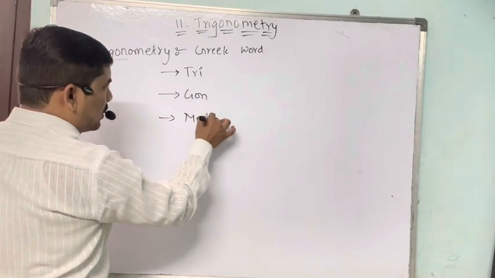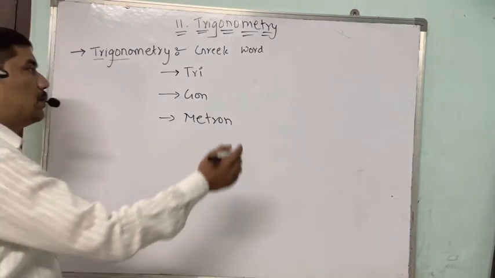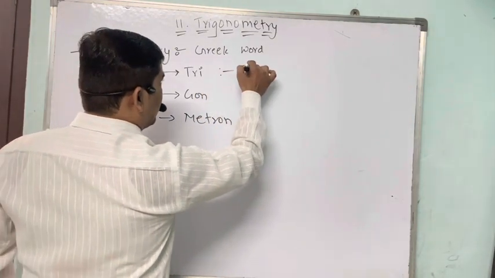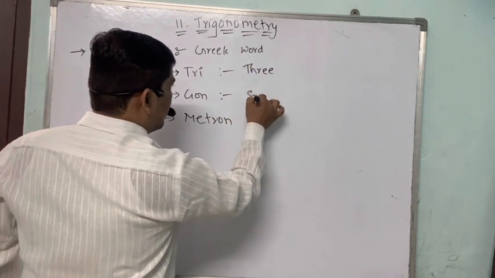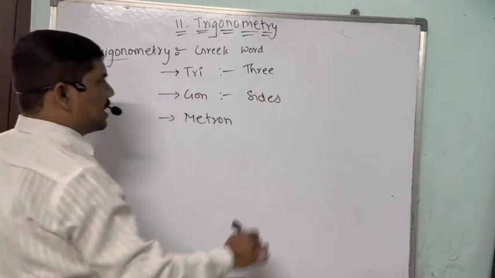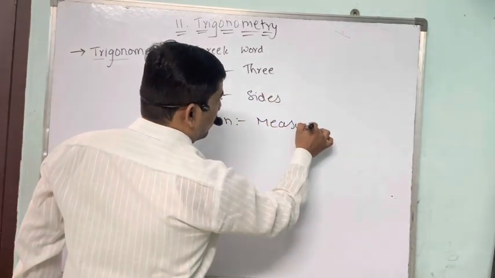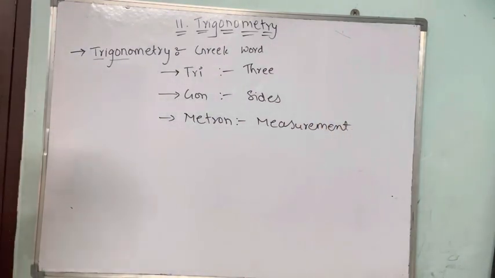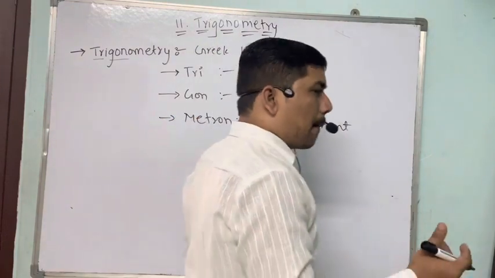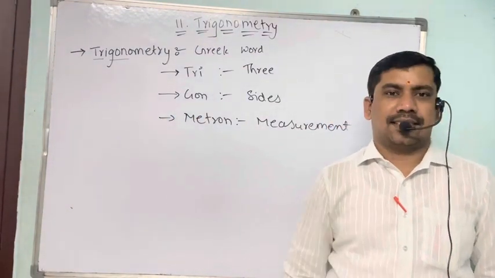It is made up of these 3 Greek words. Now you can sense it. Tri means 3. Gon can be considered as sides. Metron means measurement. That means the meaning of the name is measurement of sides. Right, measurement of 3 sides.